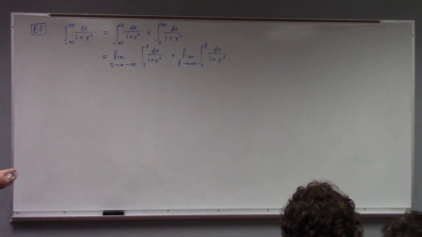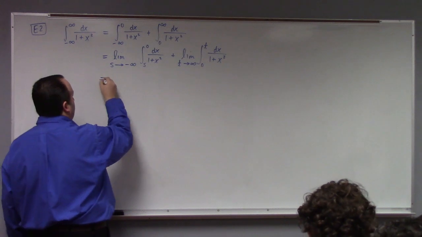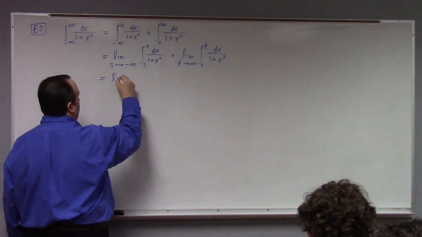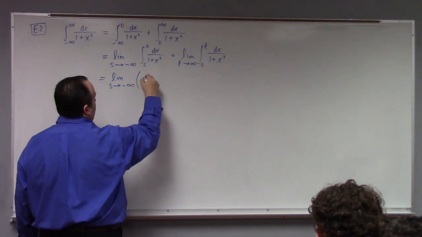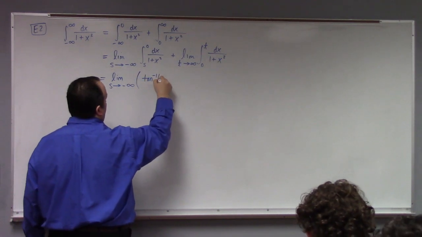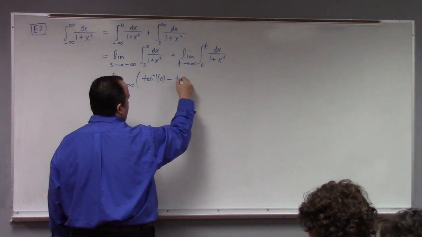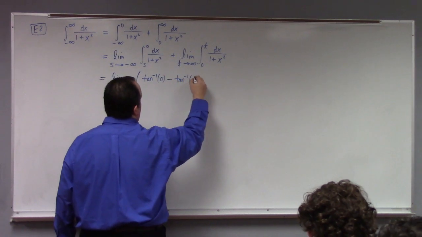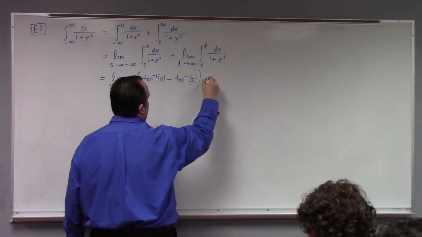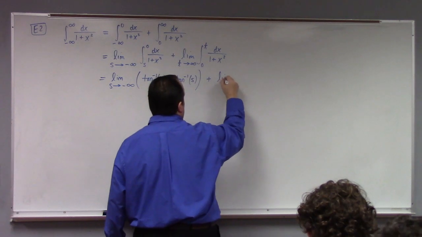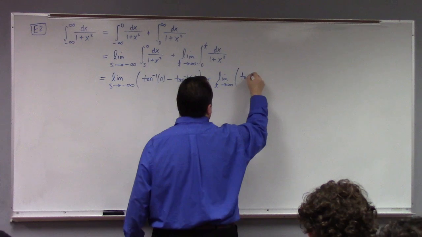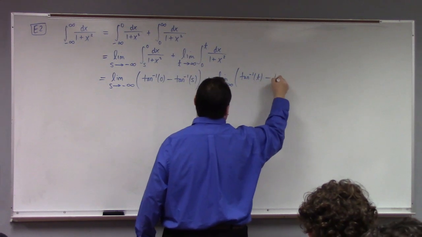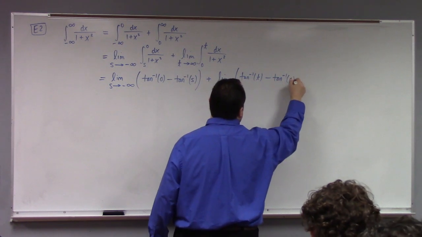If you don't mind, I'm going to skip FTC part 2 and go straight to what we get: the limit as s goes to minus infinity of inverse tangent of 0 minus inverse tangent of s, plus the limit as t goes to infinity of inverse tangent of t minus inverse tangent of 0.